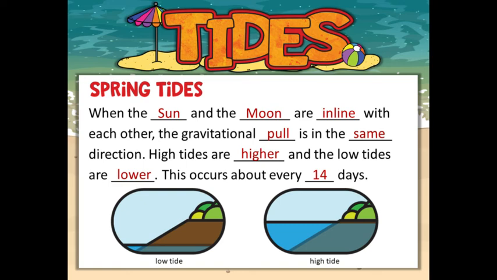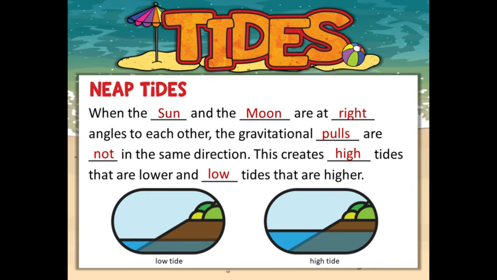You have the sun that's pulling and the moon that's pulling, all on this water level. So we're going to get really, really high tides, which is going to result in our low tides being extra low. This occurs about every 14 days. Think about the moon phases that are occurring when there's a spring tide, when the sun, the moon, and the Earth are in line with each other.